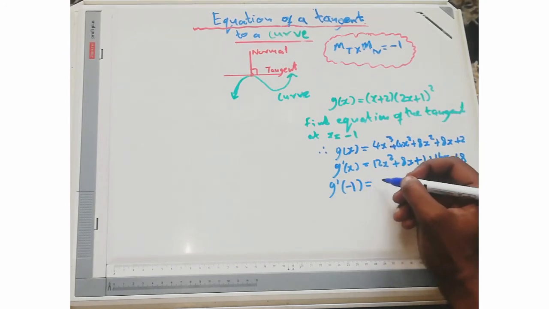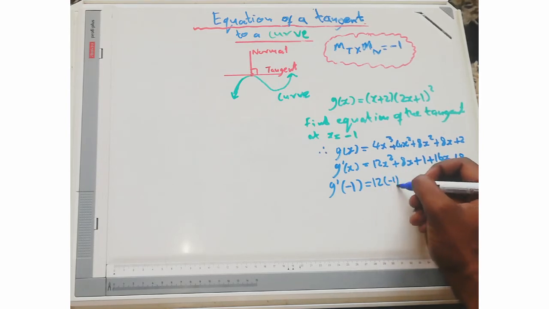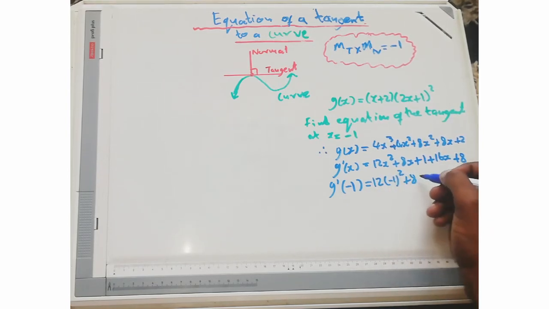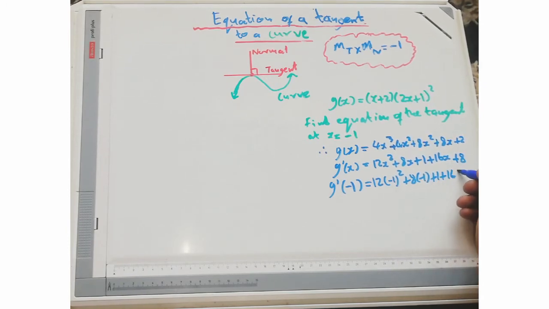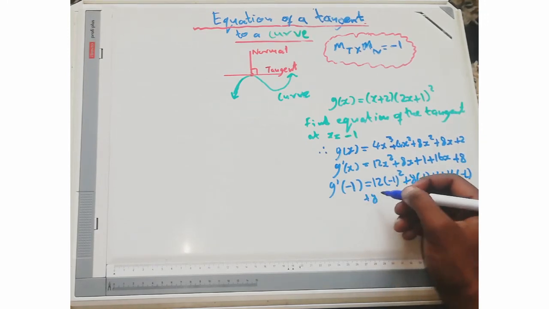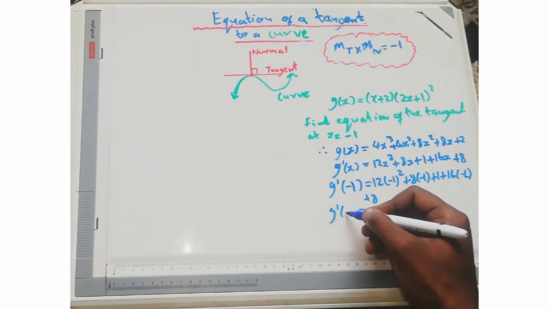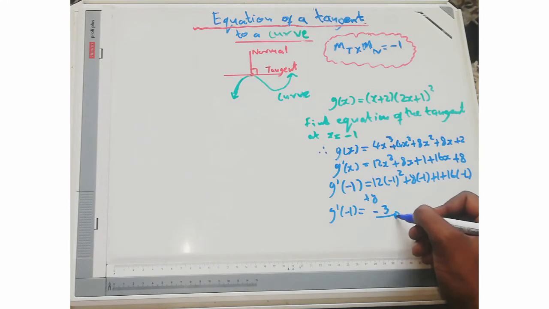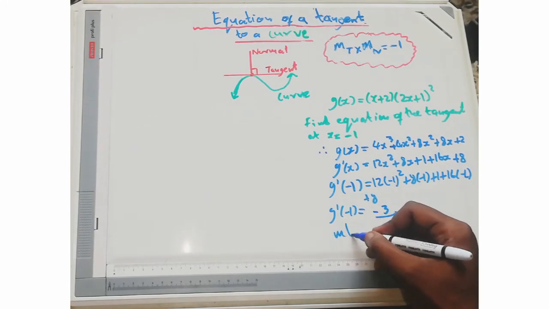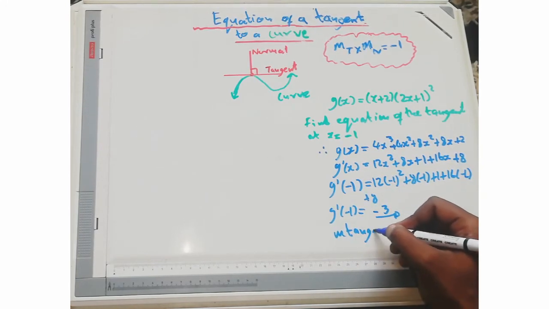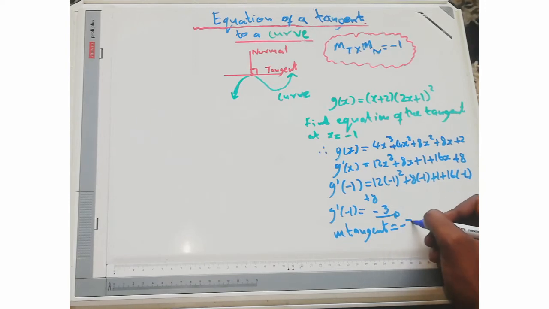So if I substitute x equals -1 there, it will be like this: 12 - 8 + 1 - 16 + 8. You will get -3. So g'(-1) is equal to -3. So the gradient of our tangent is -3.